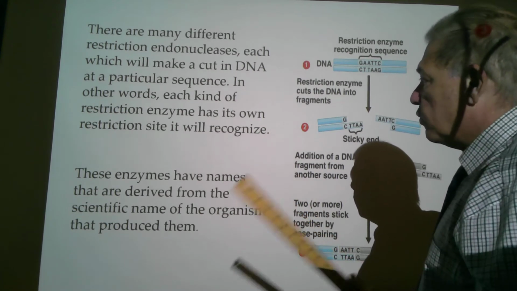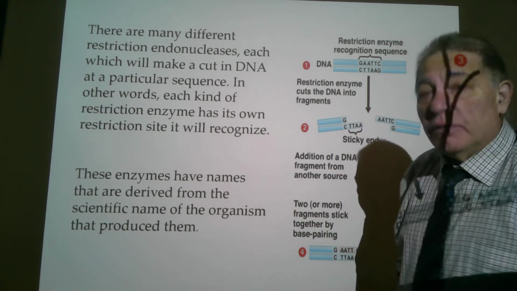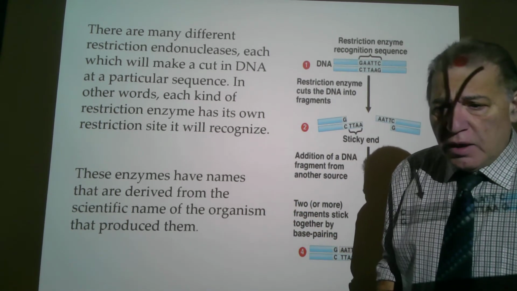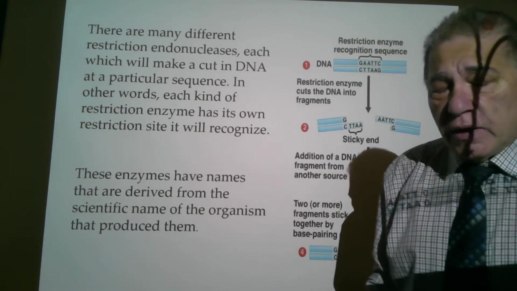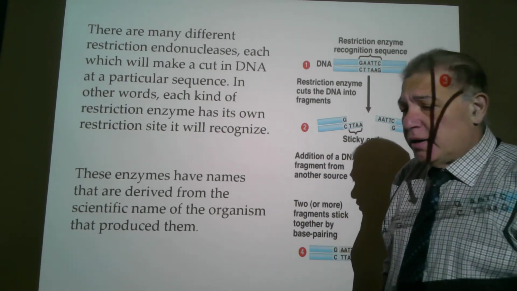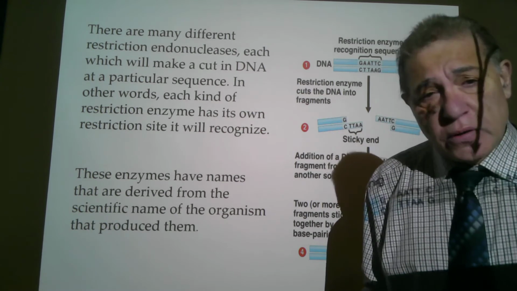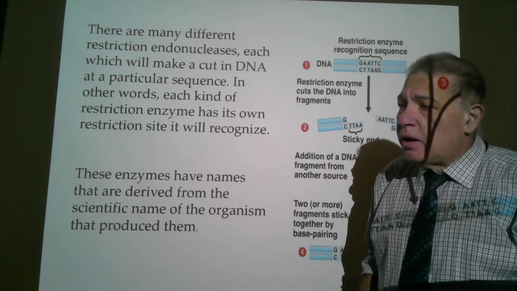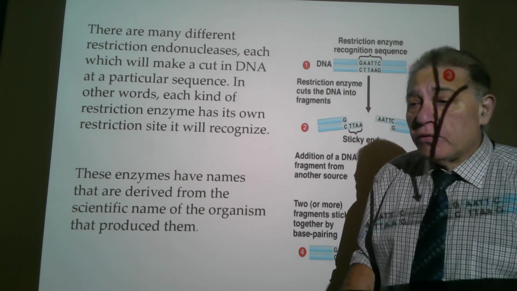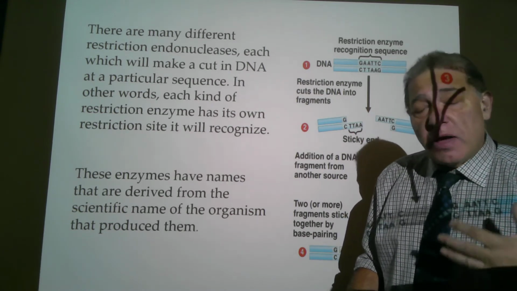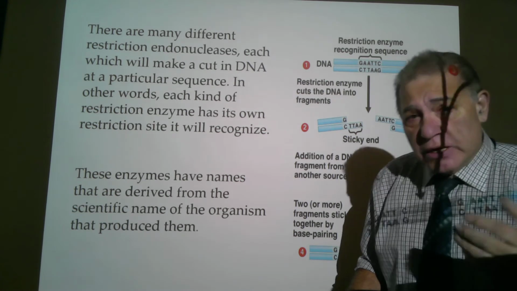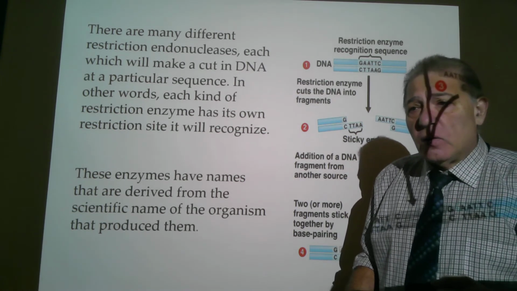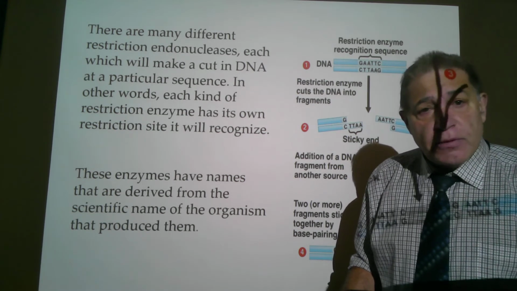All right, so these enzymes have names. All of these restriction enzymes have names, and you may want to know where these enzymes come from, and that may also be a question on your exam. These restriction enzymes come from multiple organisms, mostly bacteria. Because bacteria have their own genome, they have their own DNA, they have to be able to protect themselves.